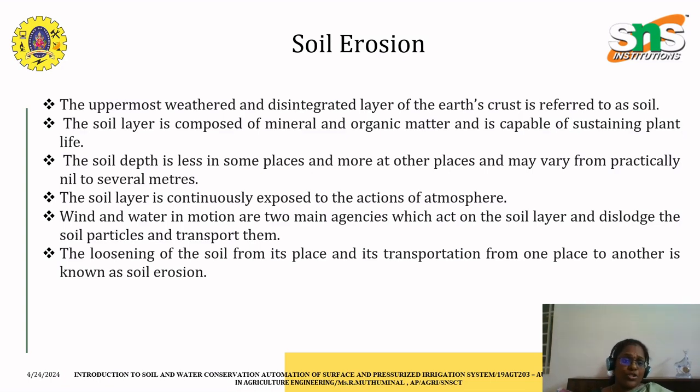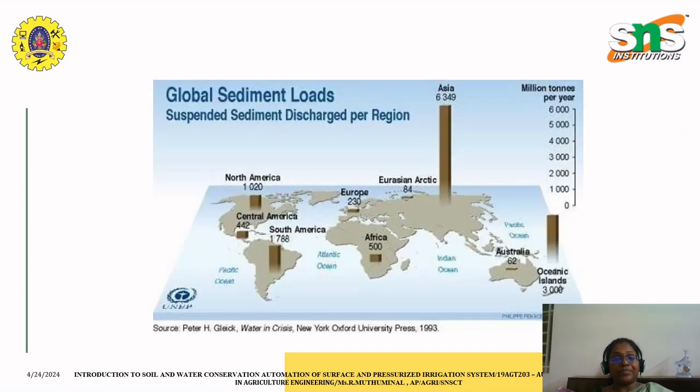Wind and water in motion are the two main agencies which act over the top layer of the soil, dislodge the soil particles and transport them from one place to another. This loosening of the soil from its place and its transportation elsewhere is termed soil erosion, with which sustainability of plant life and crop yield get reduced, as the nutrient-rich top layer is disintegrated.